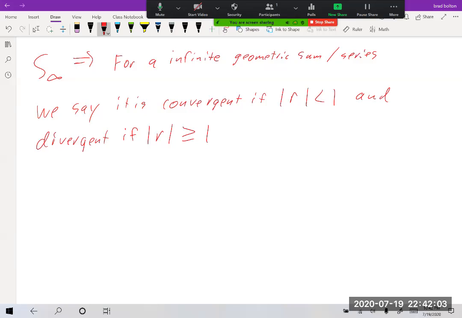So if the common ratio is less than 1, that determines everything. That means it's a convergent geometric series or sum.